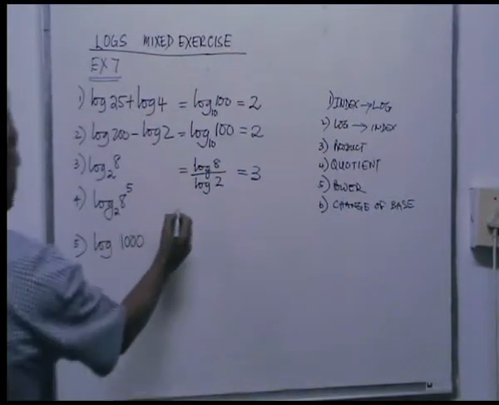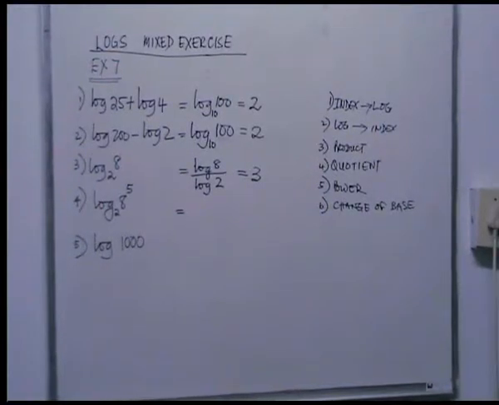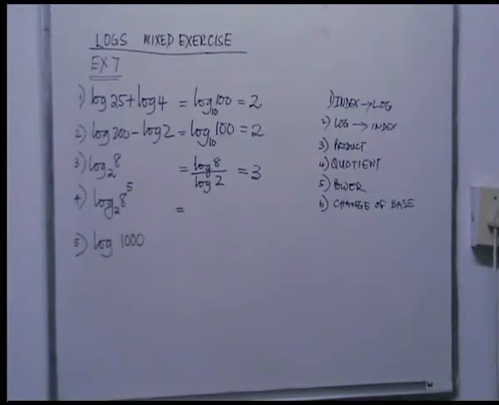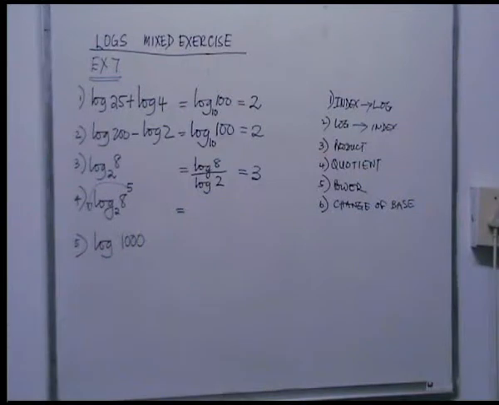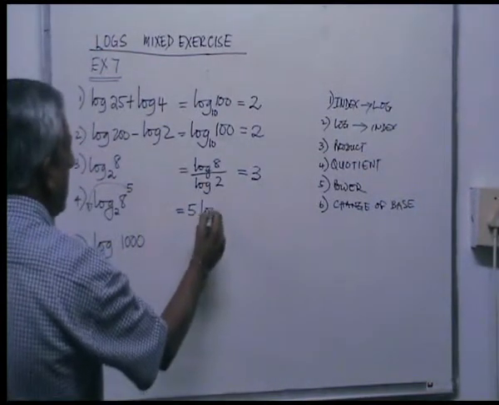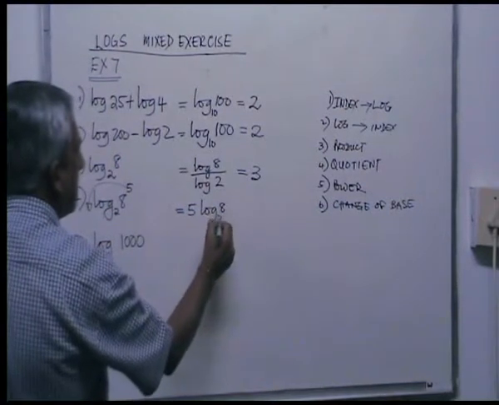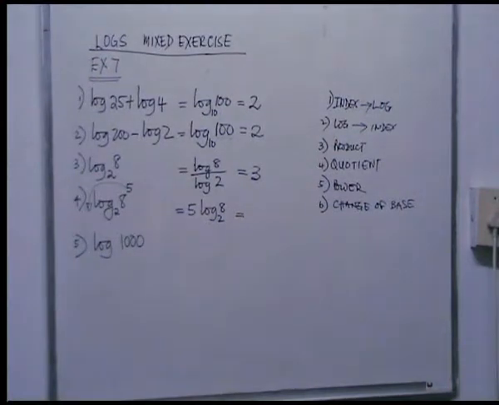Number 4, when you read this question, you can see that you've got a power there. So it's the power law now. Number 5, the power law. In other words, I'm going to bring that 5 to the front here. So that question becomes 5 log 8 to the base 2. Now, in life we say, work smart, not hard.